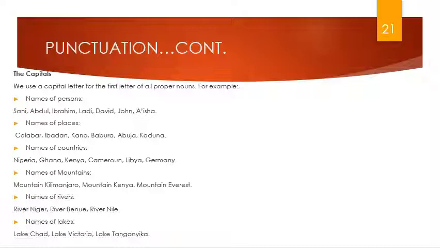Names of countries: Nigeria, Ghana, Kenya, and names of mountains: Mountain Kilimanjaro, Mountain Kenya, and the names of rivers: River Niger, River Benue, River Nile, and names of lakes like Lake Chad, Lake Victoria.